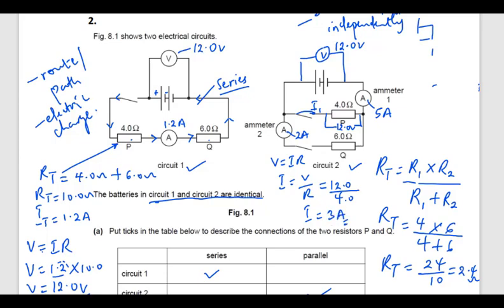Very interesting answer. What did you notice about that? You remember in my previous video I told us that in any parallel connection, the total current flowing in the branches must equal the current entering all those branches.